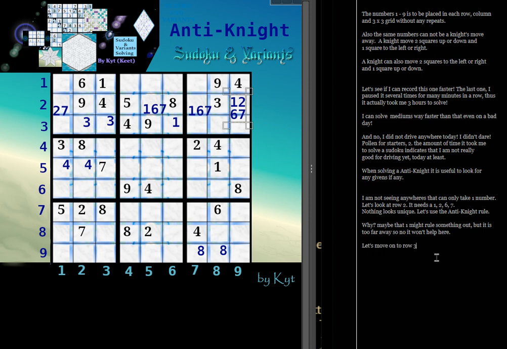On to row 3, where that one can be useful. Notice that if we use the anti-knight rule, a 1 cannot go in column 7 or column 9 at row 3.